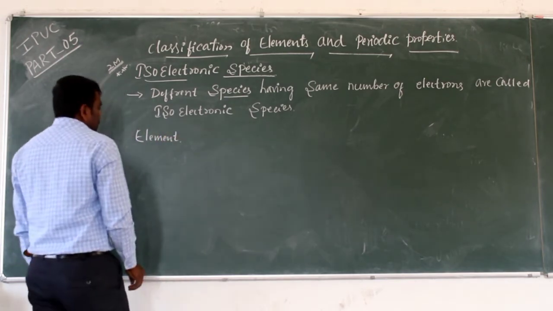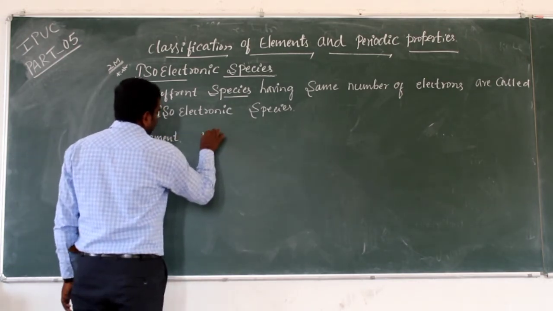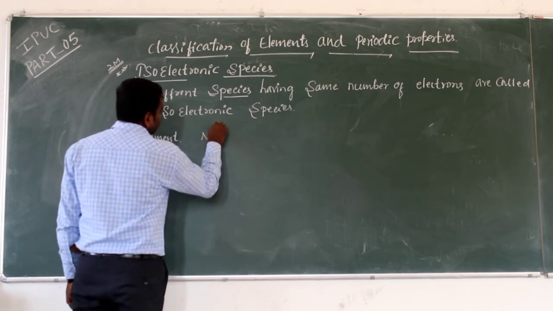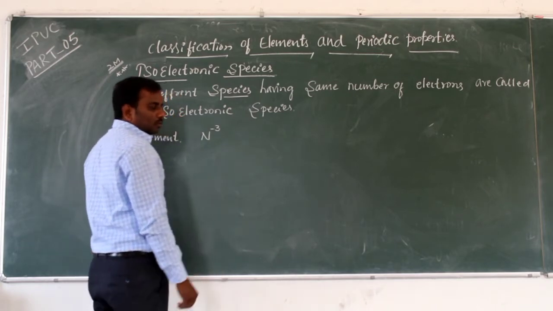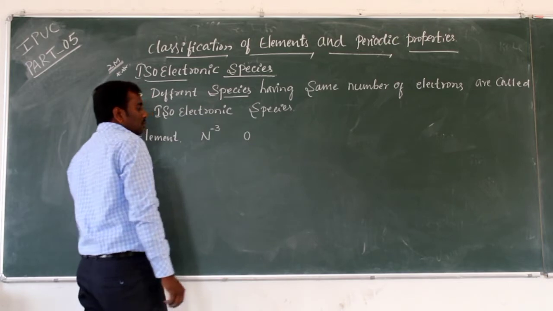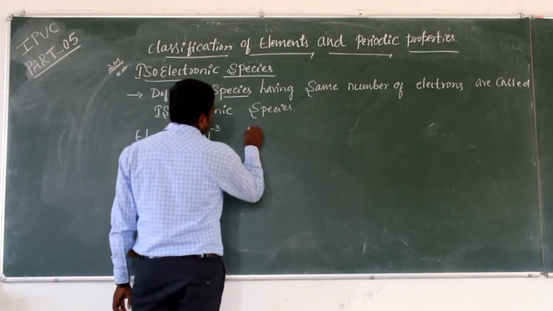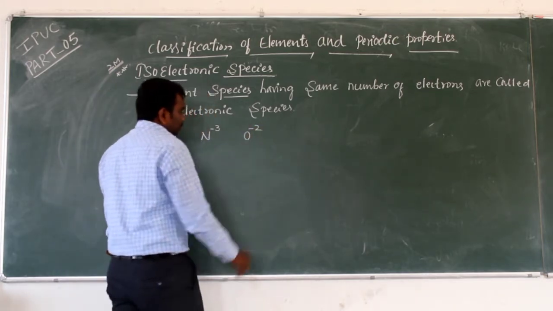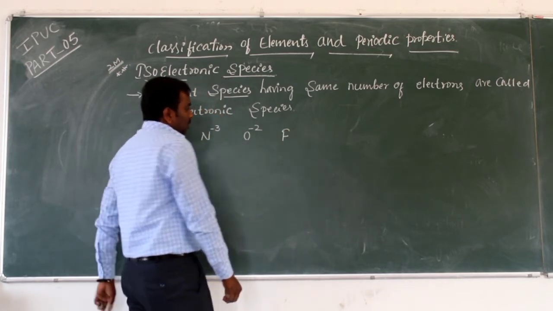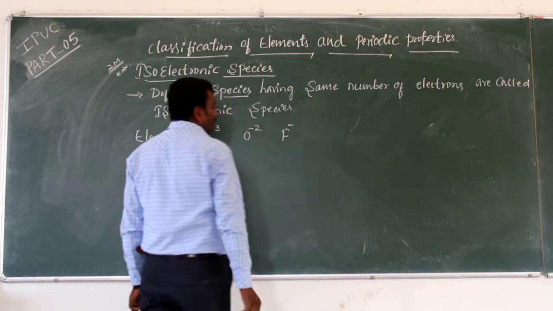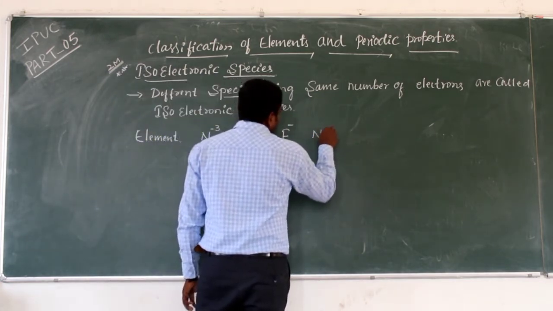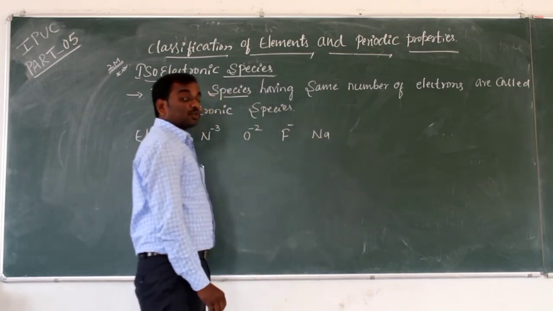For example, see elements. First one is nitrogen. This nitrogen gains 3 electrons, right? Next, oxygen. This oxygen gains 2 electrons. Next, fluorine. This fluorine gains only 1 electron. Next, Na, sodium.